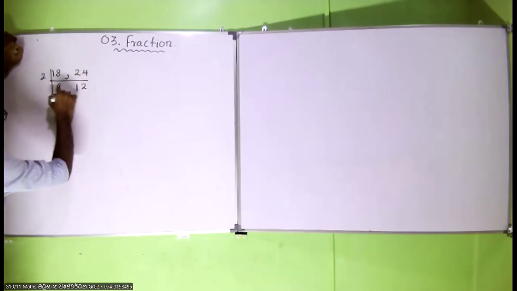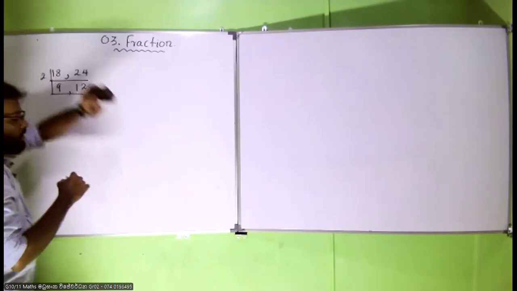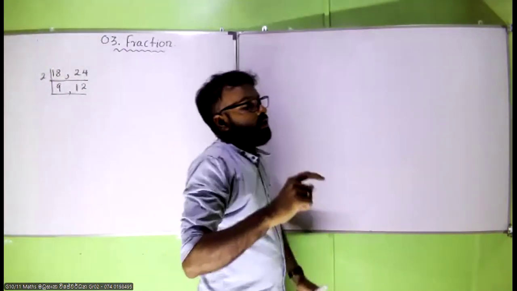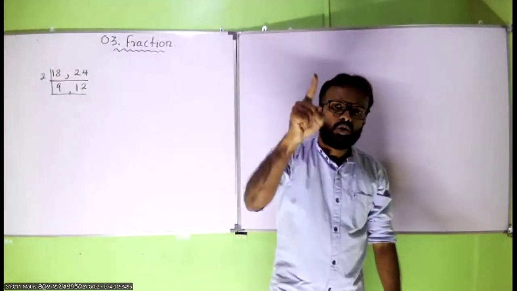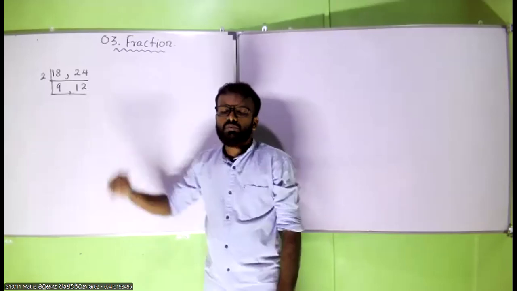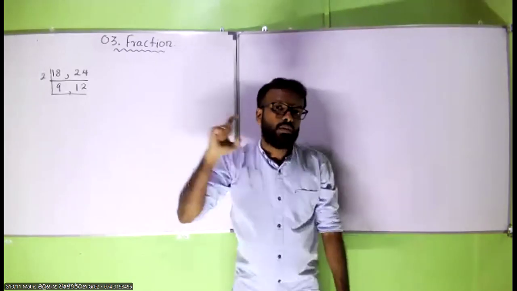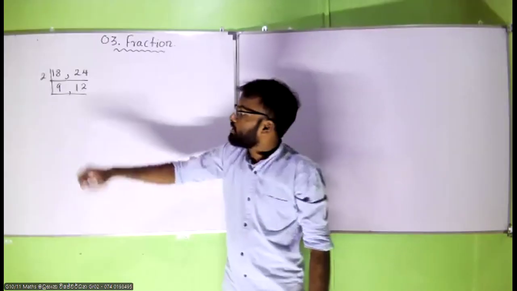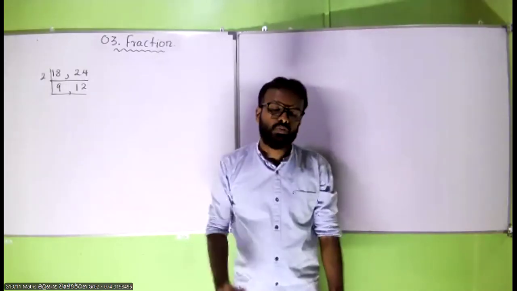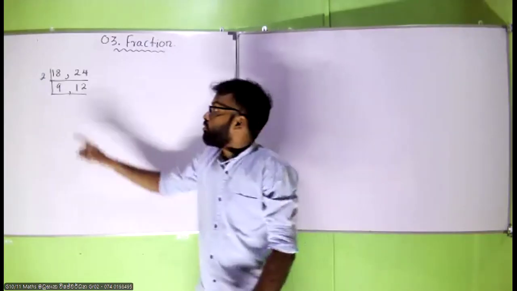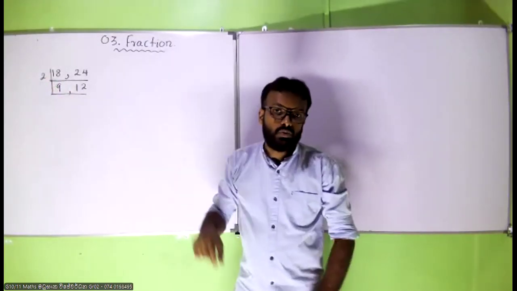Now, you have 9 and 12, right? Again, can you use 2 to divide these two? Yes, because at least one of the two numbers can be divided by using 2. So, this 12 can be divided by using 2.